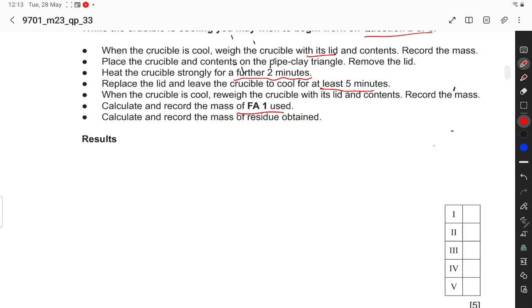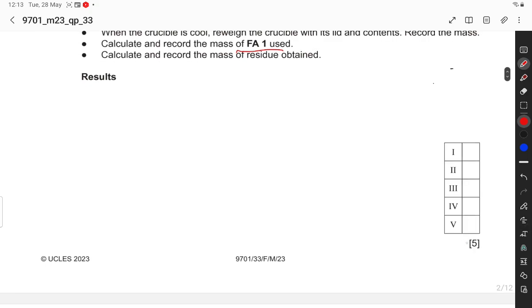So the results carry 5 marks if you draw a proper table.